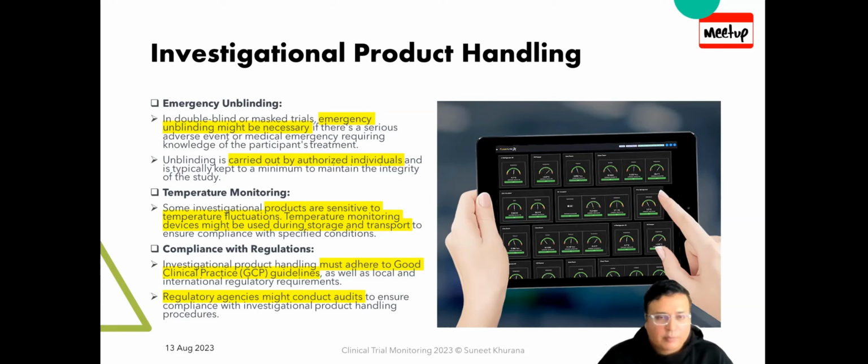Then there is unblinding, emergency unblinding. Suppose in double-blind studies, the investigator doesn't know whether the patient got the actual treatment or not. If an SAE happens, there are certain codes we can use to break the blind and see what the patient is getting, so that they can determine causality.